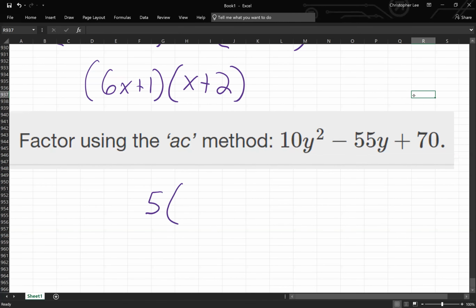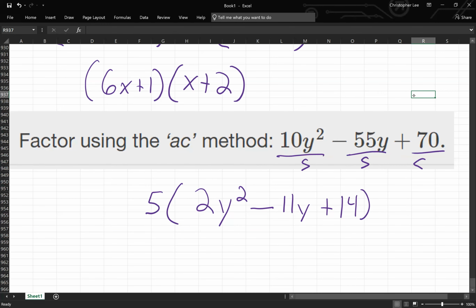What am I left with? 11y plus, what is that? 14. Very good. Remember, it's like you're dividing by 5. That's how we're getting these answers, right?